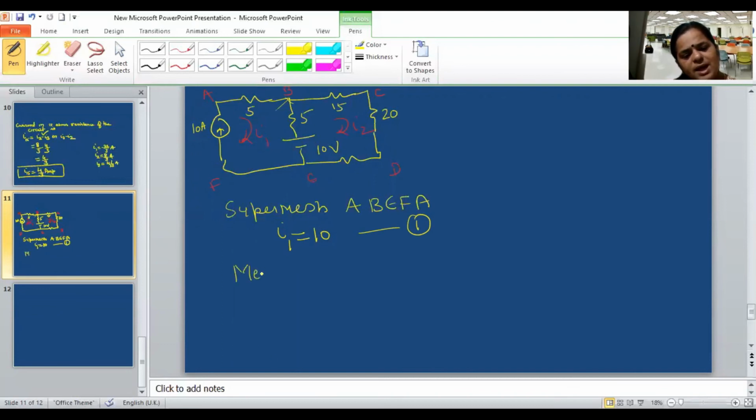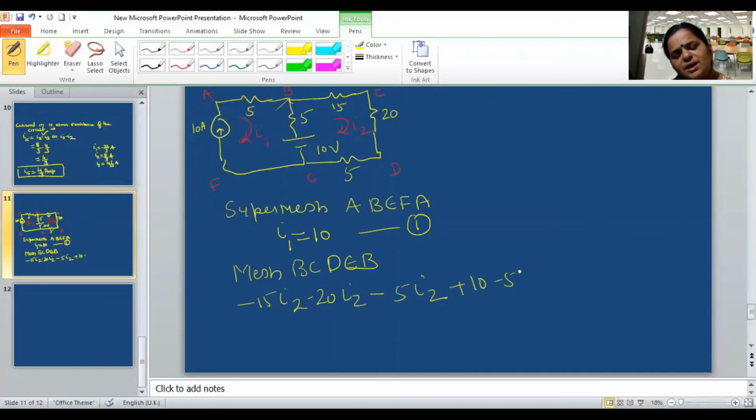Now another mesh, B, C, D, E, B. So what will be the KVL equation for this? That is minus 15 I2, minus 20 I2, and suppose this is 5, minus 5 I2, plus 10, minus 5 (I2 minus I1), that is equal to 0.